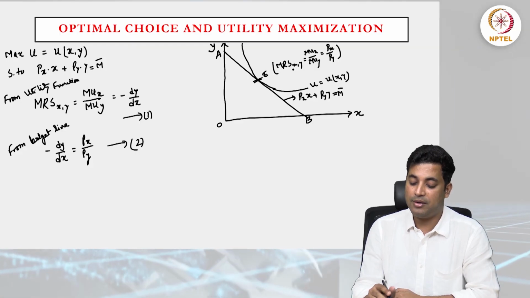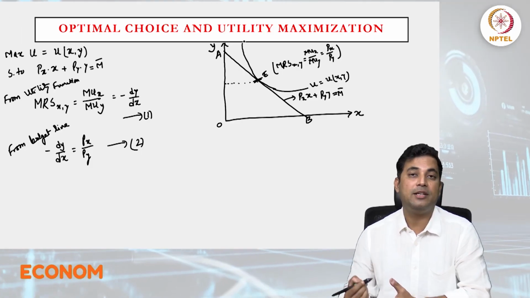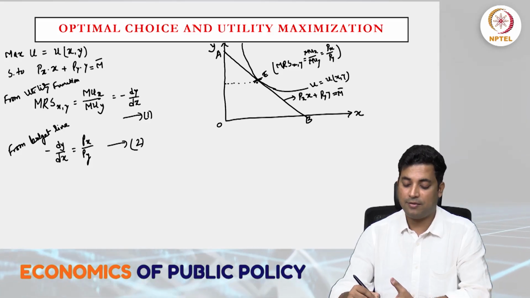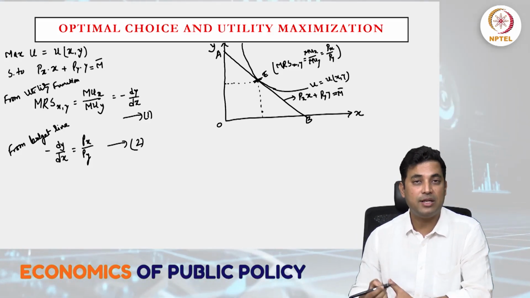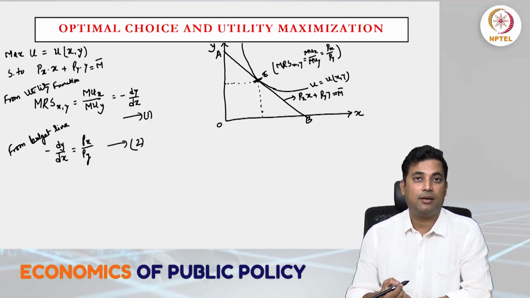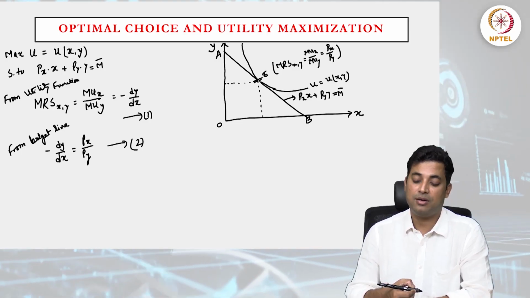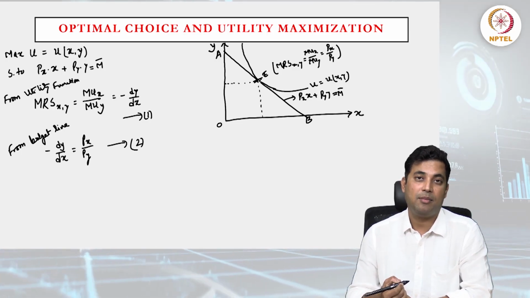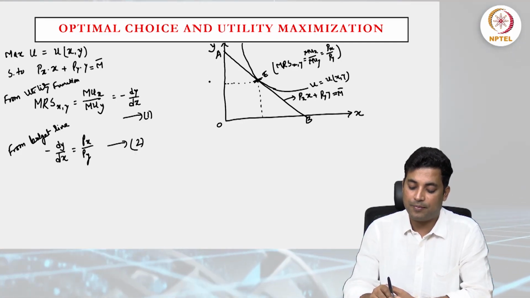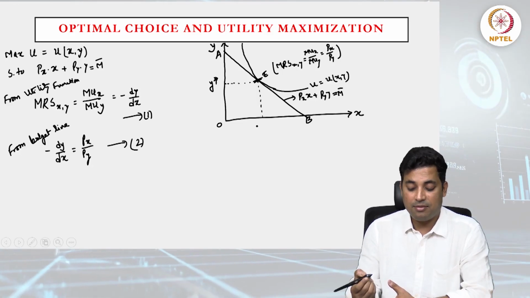So at point E, I will be indifferent at any point on the utility curve because my utility is constant at any point on the utility curve. But at point E with my budget, I am optimizing my resources, and I am also getting my satisfaction level highest at the given budget line.